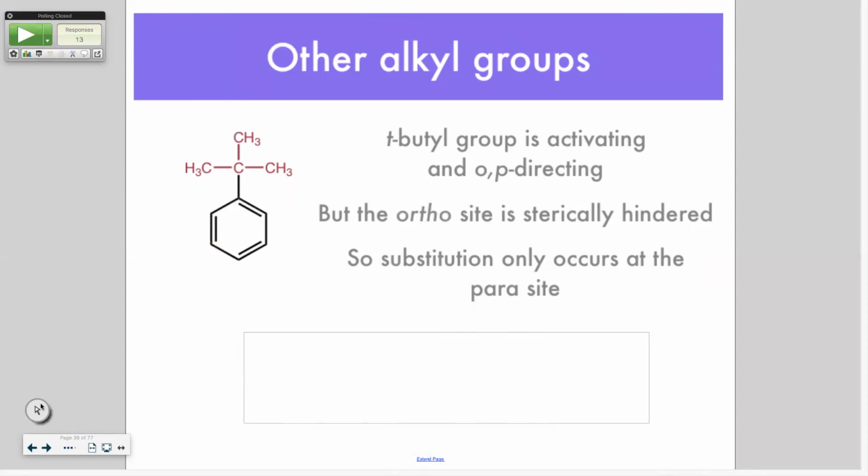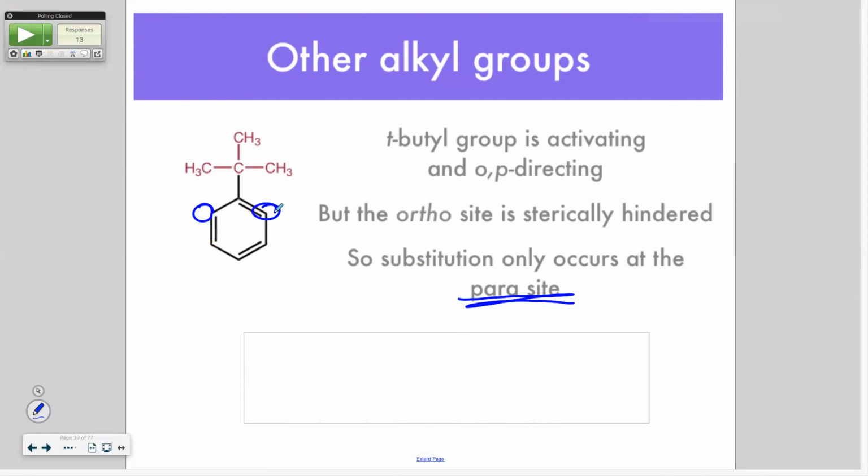You only get para. Why? What do you think that is? It's bulky. It's blocking these sites, okay, because of its size. Okay, so the group that comes in only goes to the para position. So it's important to also look at the size of the group.